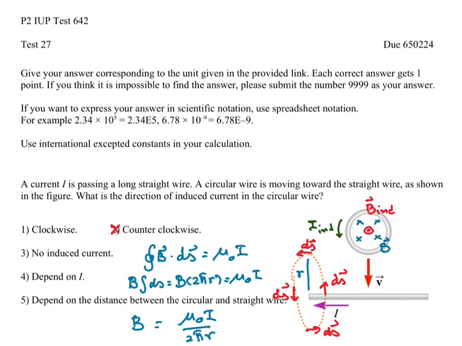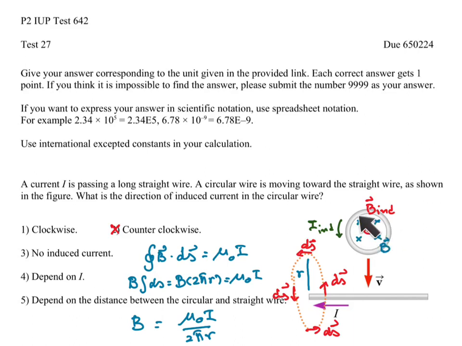And the direction of the current can be determined from Lenz's law, that this current will produce an induced magnetic field that opposes the change of the magnetic flux.